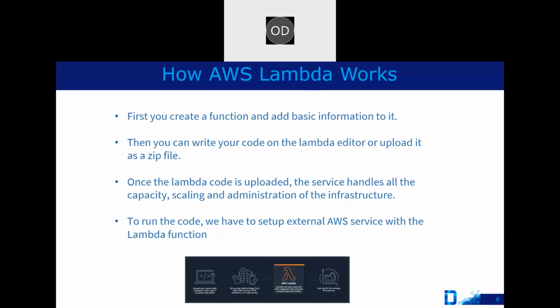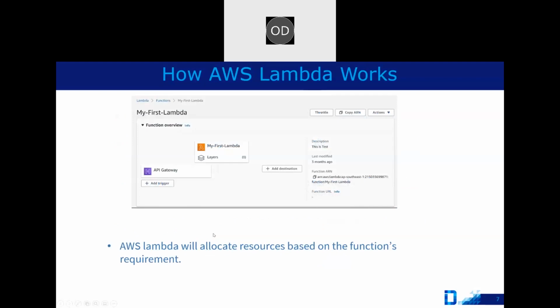For our example here, I have created a Lambda function called my first Lambda. To trigger that, I added another external AWS service called API Gateway. This gateway triggers that Lambda function. Then we can run our Lambda code and get the result from that Lambda function.